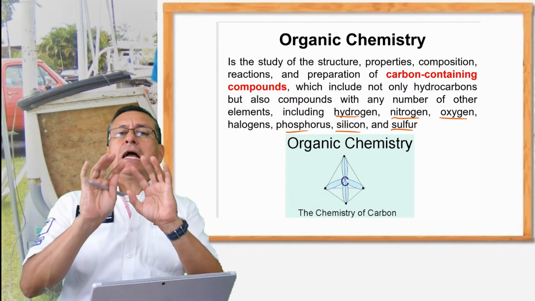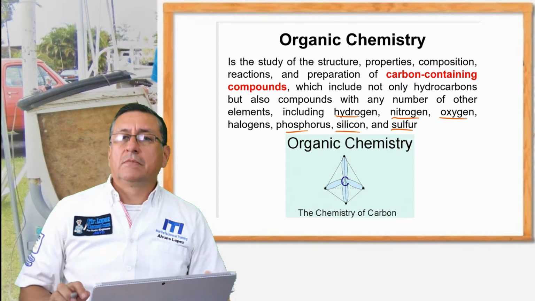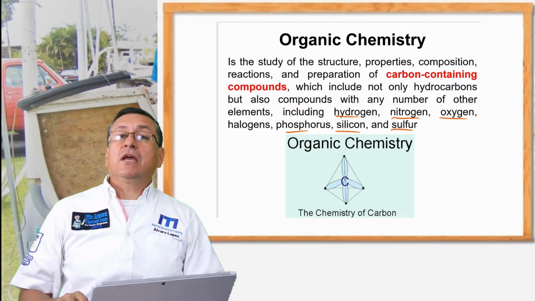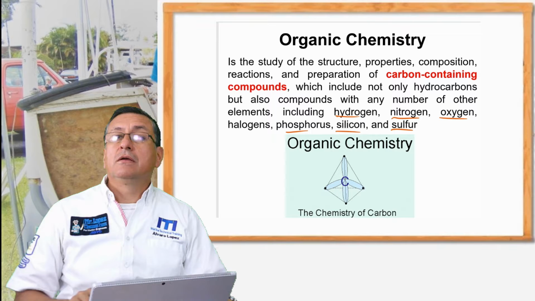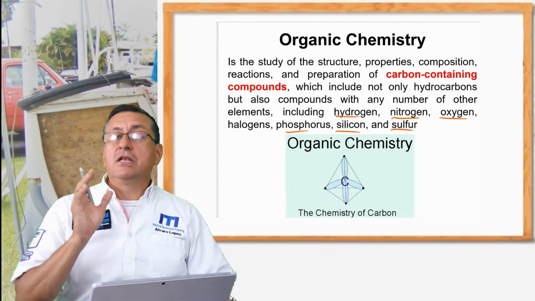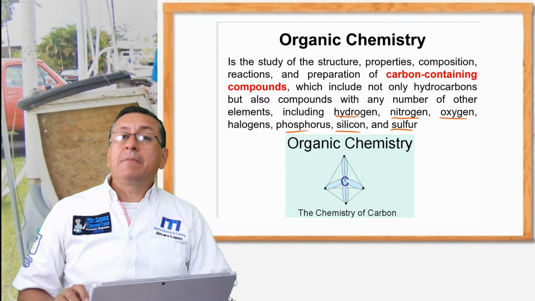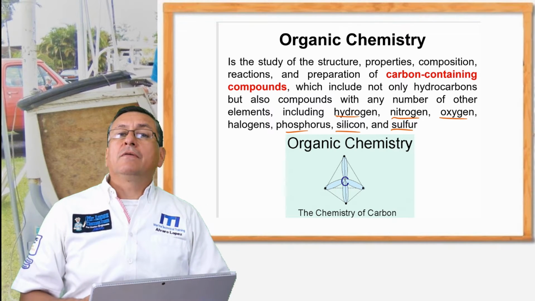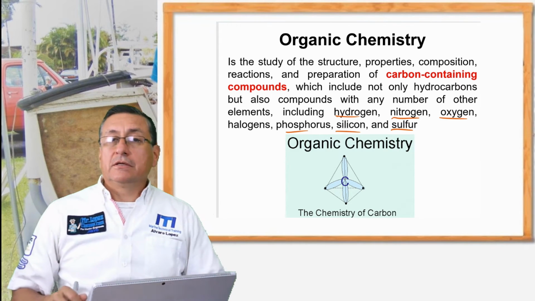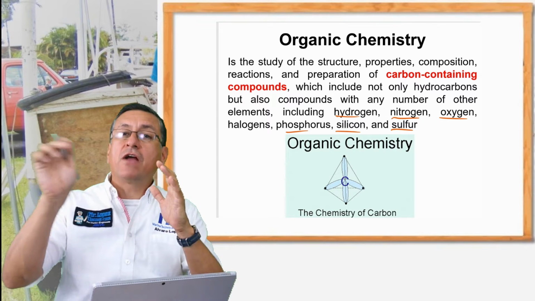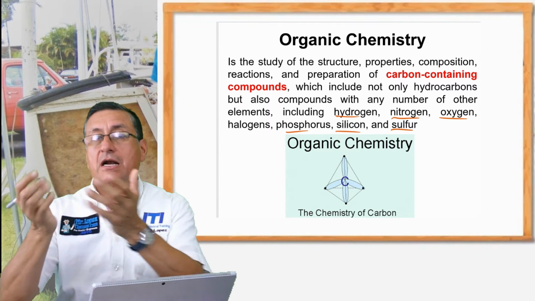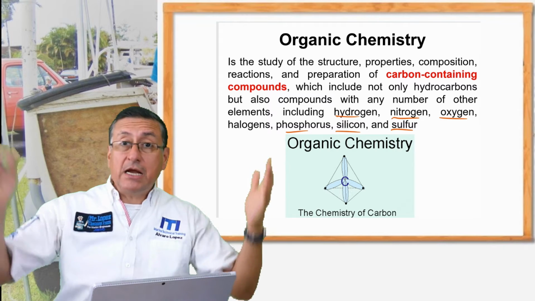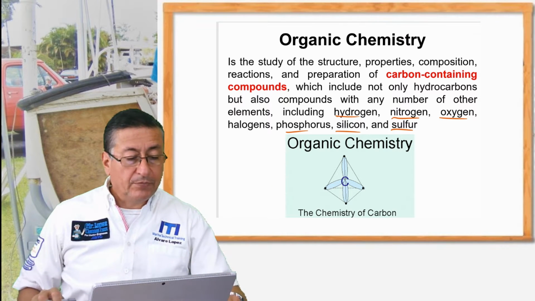It is basically carbon study. For that reason, you divide the chemistry into inorganic chemistry, metals, non-metals, ceramics, glasses, and organic materials, which is the study of carbon and other elements around carbon. This is basically carbon, organic chemistry.